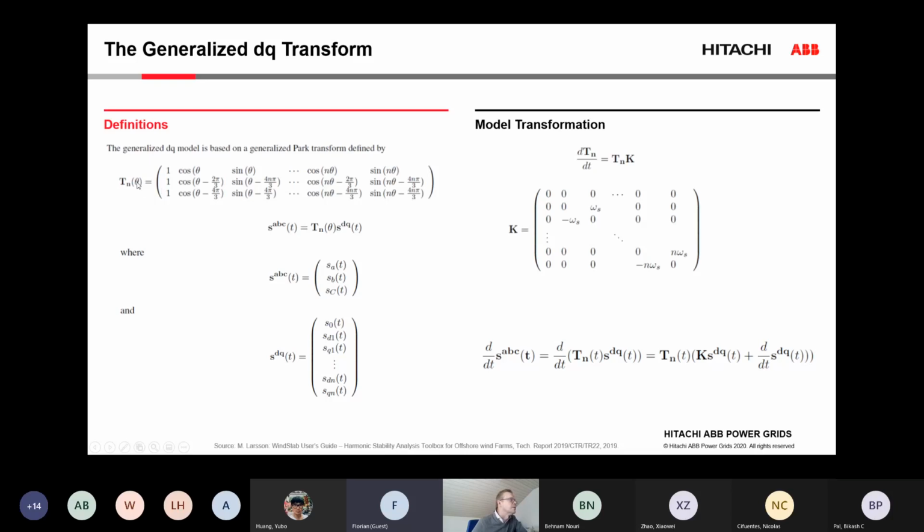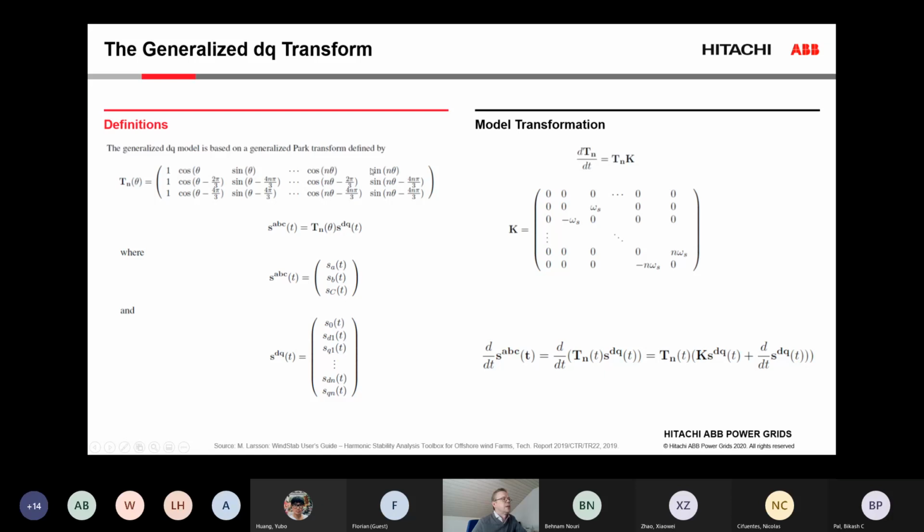Yeah, so this transformation matrix T here, what you would start with here are the terms for the normal DQ frame. And then you introduce here for N equals 2, you get a second DQ frame for 100 Hertz. And for N equals 3, you get another DQ frame for the third harmonic, for 150 Hertz.